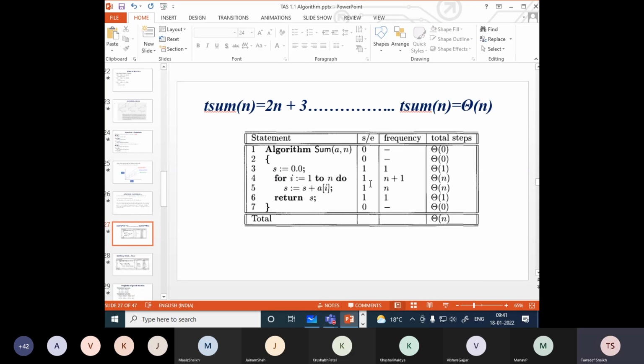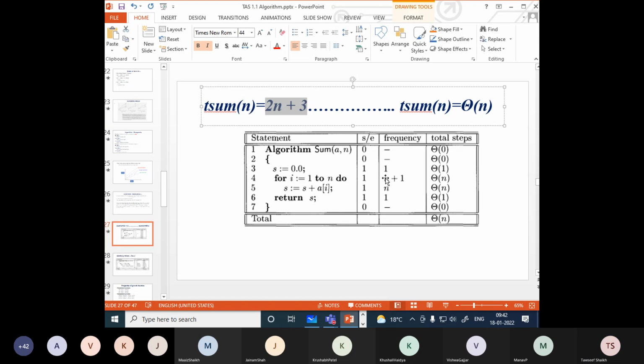Yes, and this is an example of the sum algorithm where we have an array with n elements, and using an iterative approach we calculate the total sum of the numbers inside that array. Using the previous techniques like the tabular method as well as the count method, we got its total complexity as 2n plus 3. This is what we already have done.